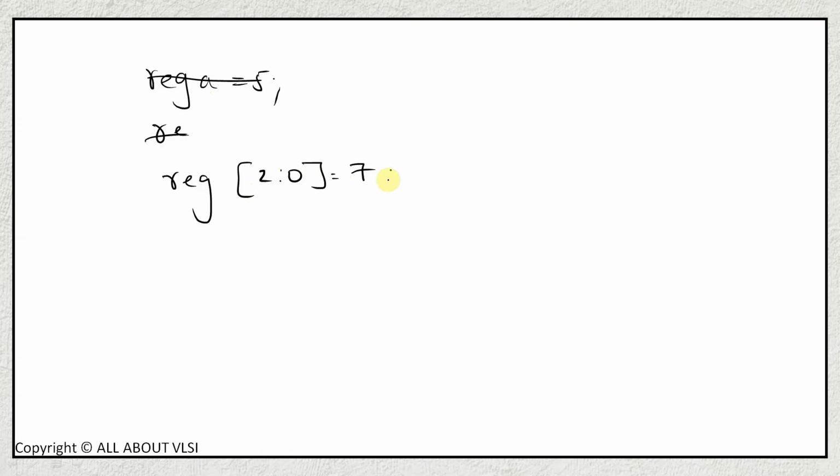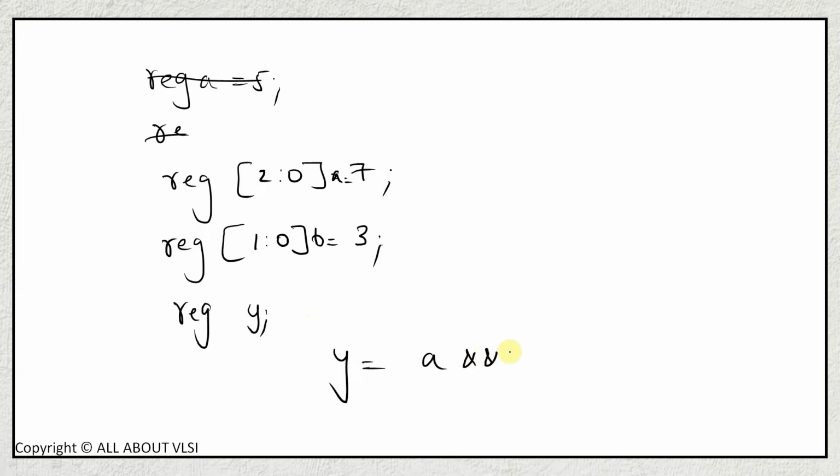For example, if we declare a variable reg [2:0] a = 7 and reg [1:0] b = 3, and perform a logical AND operation with output reg y, then y is equal to a logical AND b.